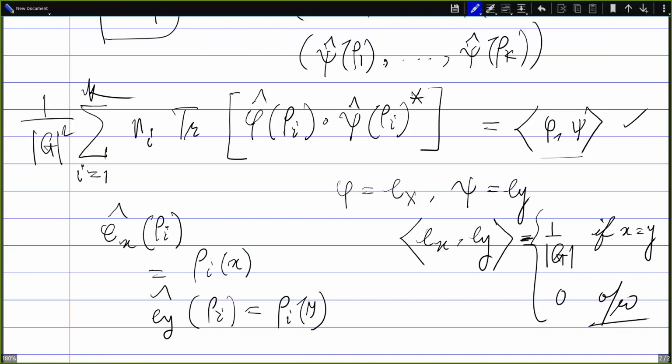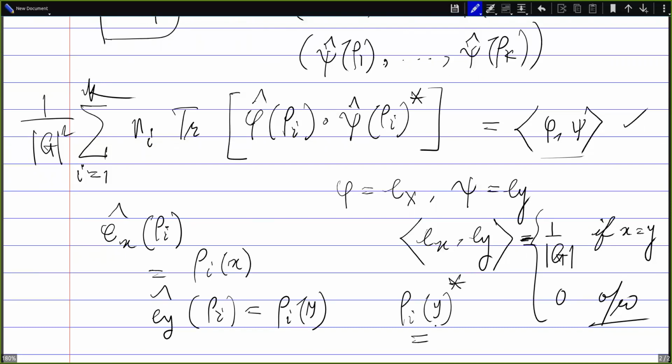Now we have its conjugate, this rho_i star. So what is rho_i star? We have assumed that all the rho_i(g) are unitary. For a unitary operator, A star is the inverse of A, right?